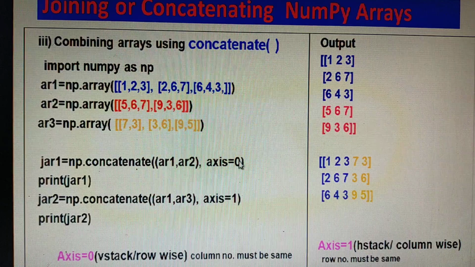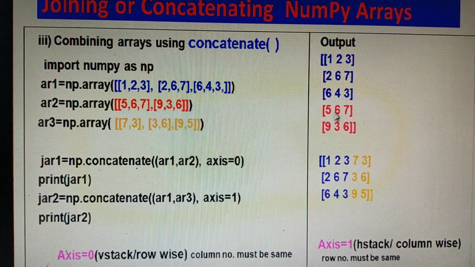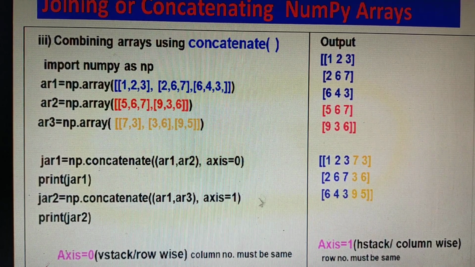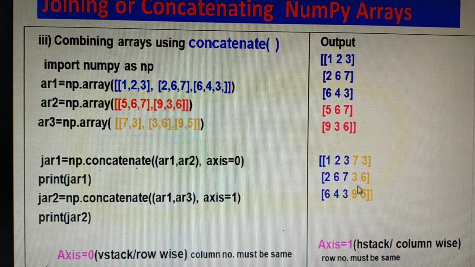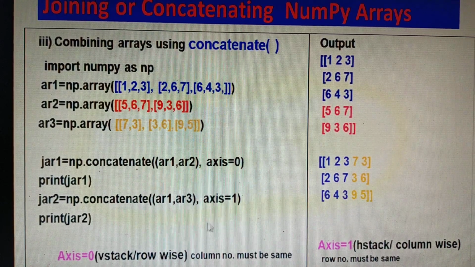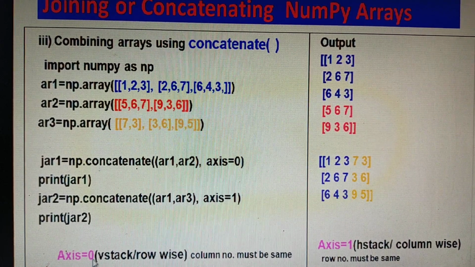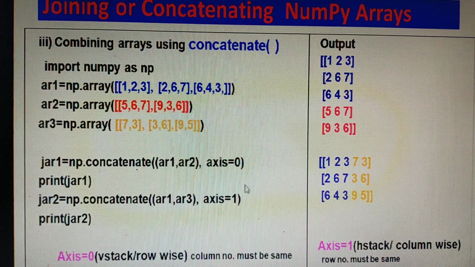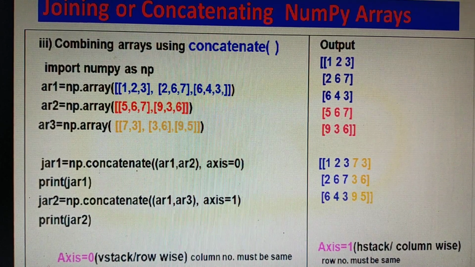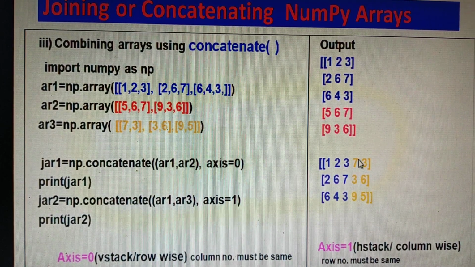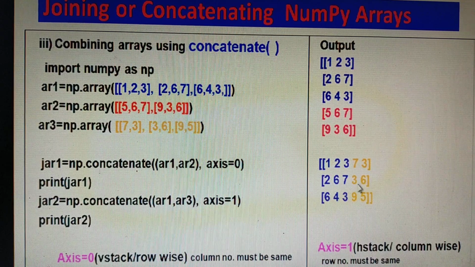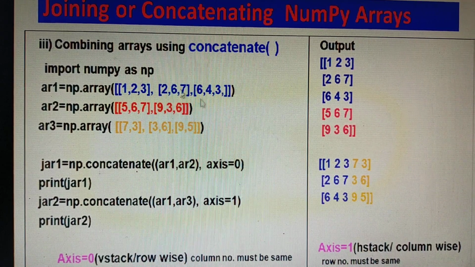So when axis 0 is written, it will add vertically, and when 1 is written, it will add horizontally. You can see axis 0 is vstack, that is vertical addition, and axis 1 is hstack, that is horizontal addition.